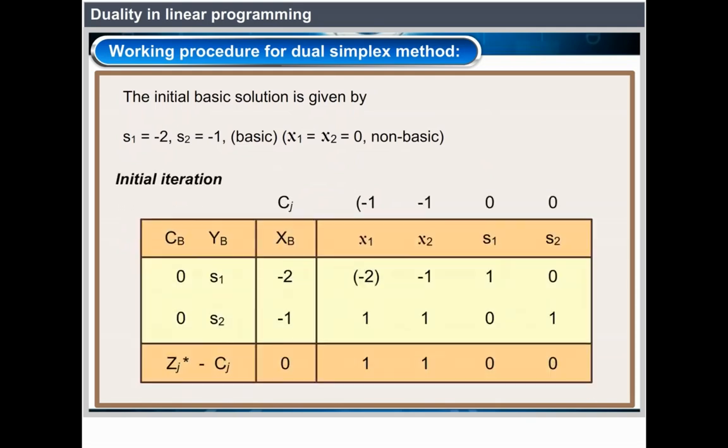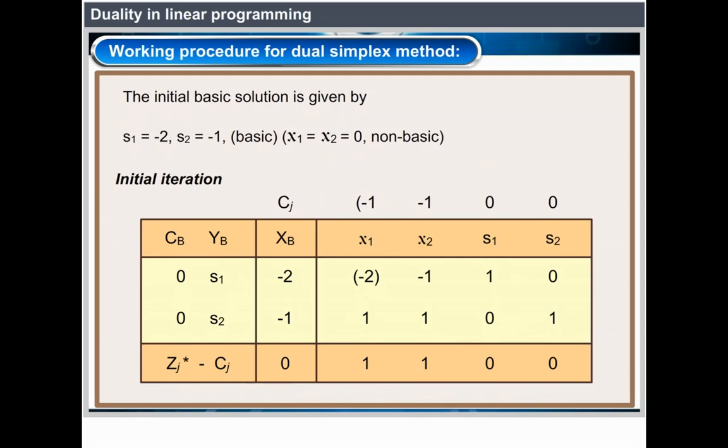Initial iteration. The simplex table is CB, YB, XB, X1, X2, S1, S2. First row of the table: 0 for CB, S1 for YB, minus 2 for XB, minus 2 for X1, minus 1 for X2, 1 for S1, 0 for S2.